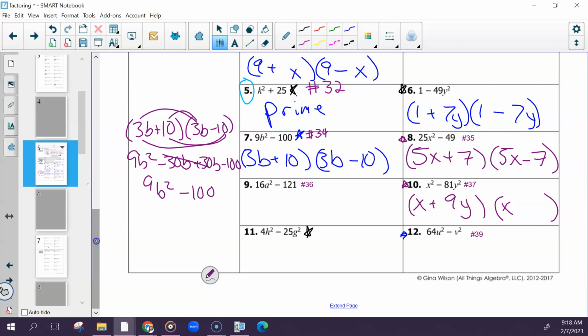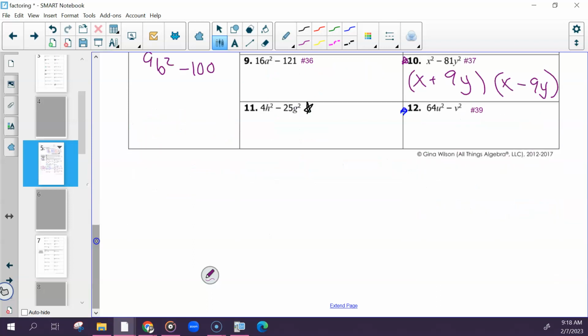And then the other one? Minus 9. Right, what about 11? Doesn't matter whether you put plus or minus first. 2h plus 5g, and then the other one?